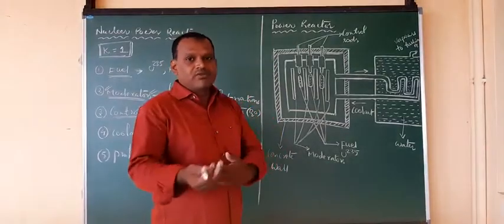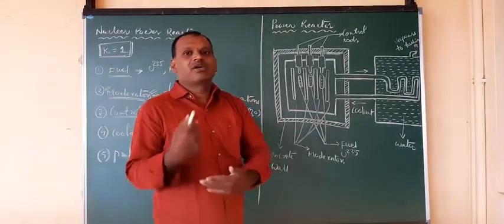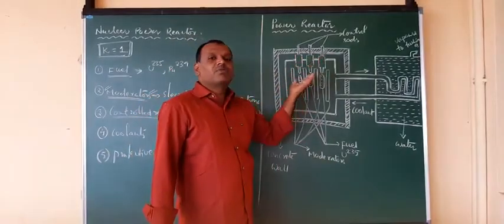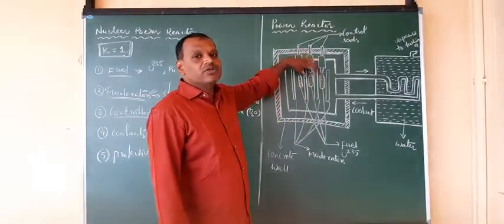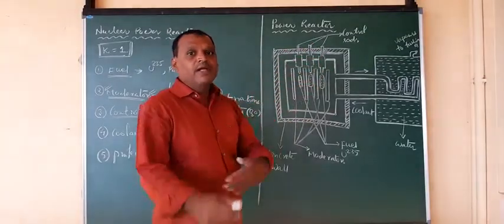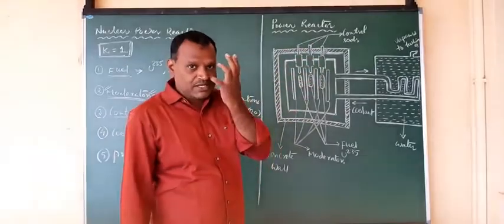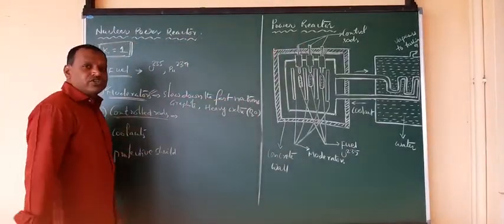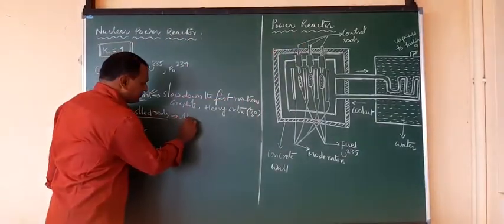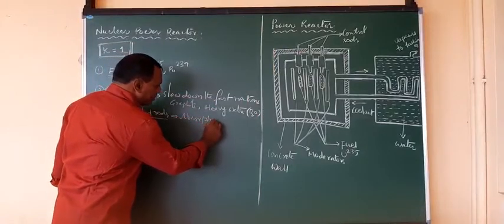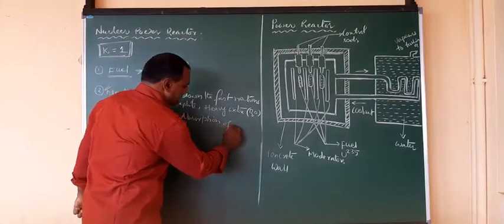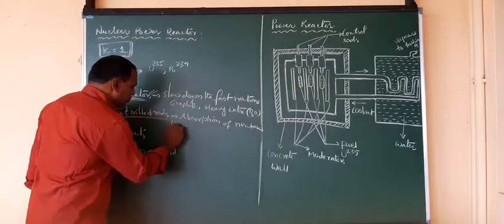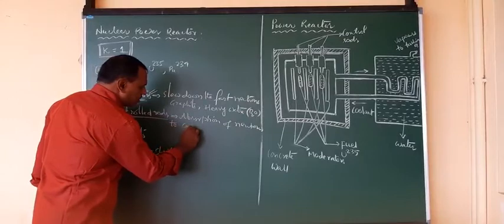It depends upon the requirement, the capacity, and the construction. All these are considerations. The control rods are kept to some extent inside, near the aluminum cylinders where the nuclear fission reactions take place. So what is the functioning of control rods? Absorption of neutrons to get a controlled chain reaction.